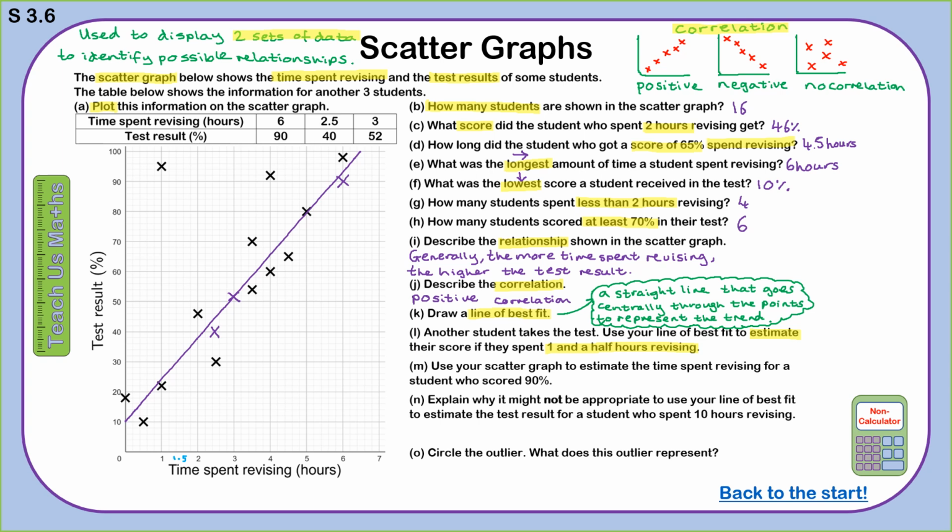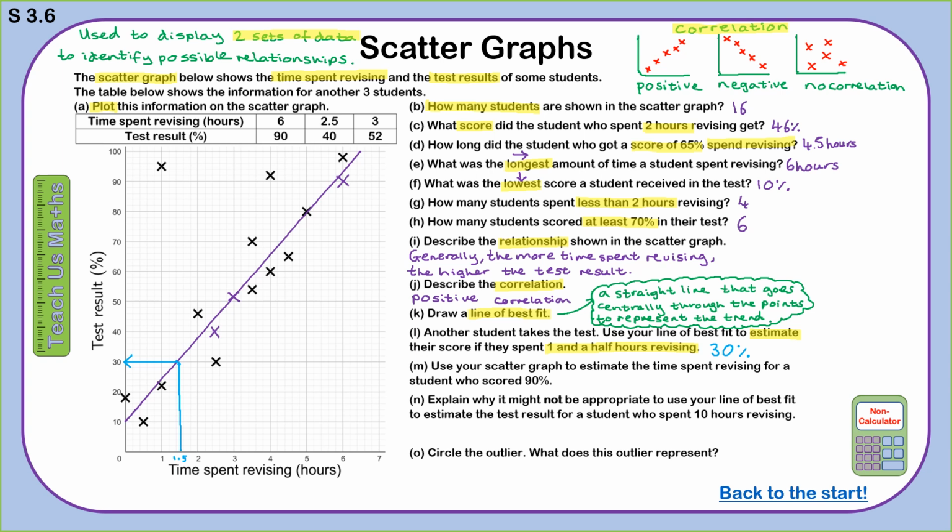We then need to read across to find out their test result, which is pretty close to 30%. So if another student takes the test and they spent 1.5 hours revising, I can use my line of best fit to estimate that their score would be 30%. Your answer may vary slightly to mine, depending on the position of your line of best fit.